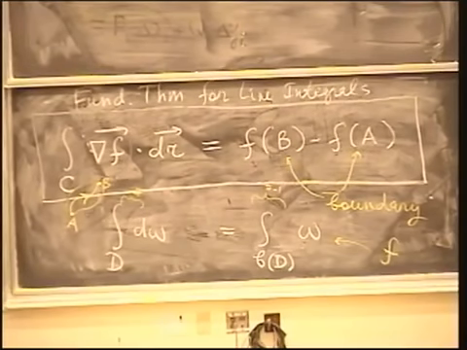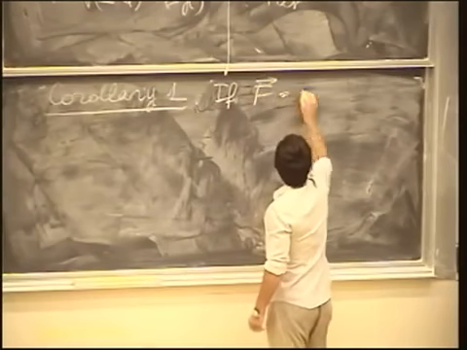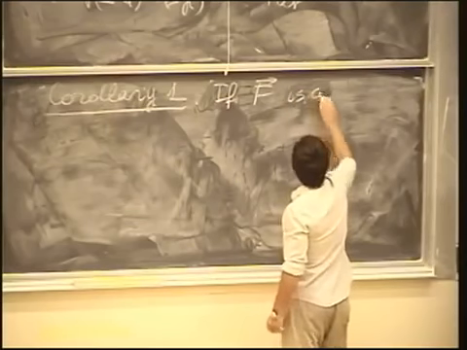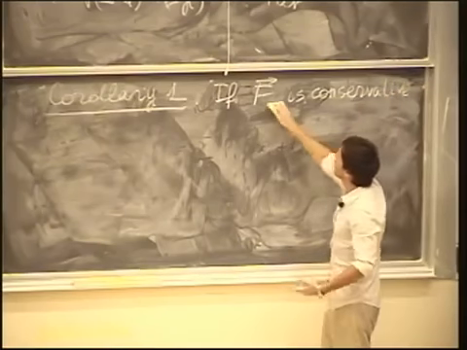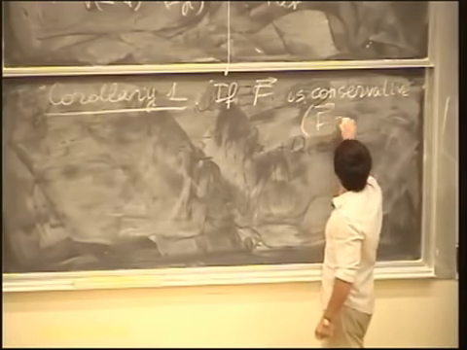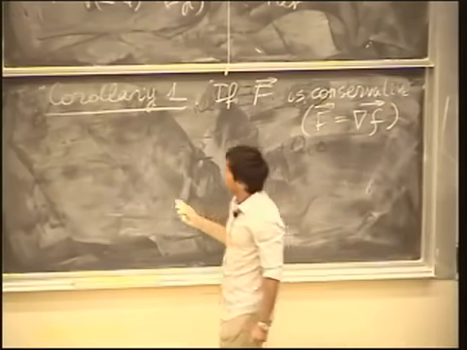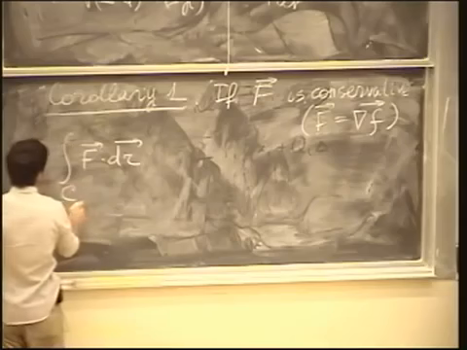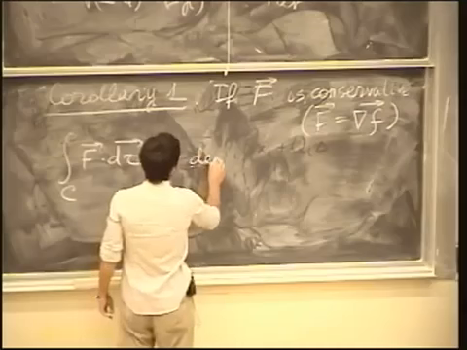Corollary 1: if F is a conservative vector field, meaning there is some function f such that F is equal to nabla of that function, the gradient of that function, then the line integral of this vector field is independent of the curve. It depends only on the endpoints.